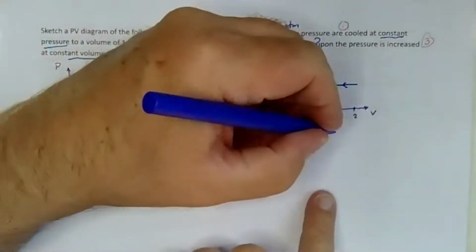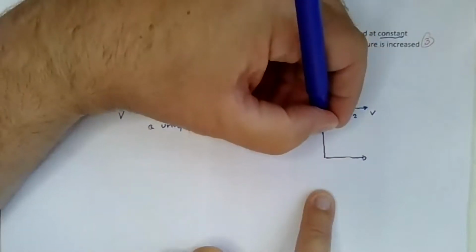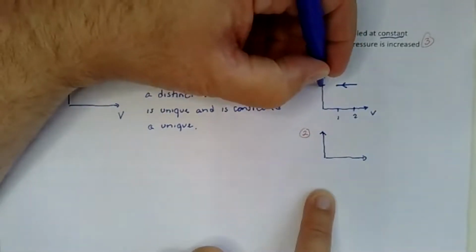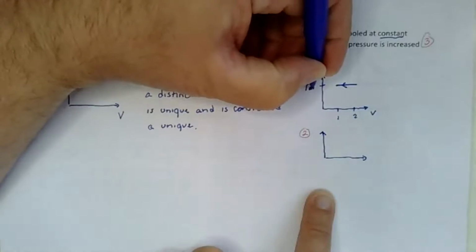Same thing, PV diagram. Notice with the first one I don't know anything about it. It's 1 atm, right? So I'm just going to go 1 atmosphere.